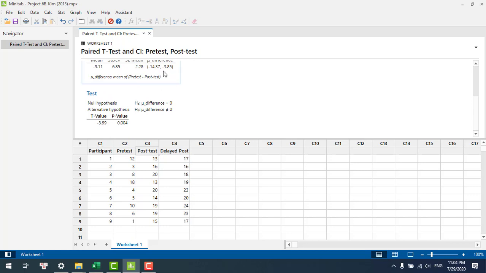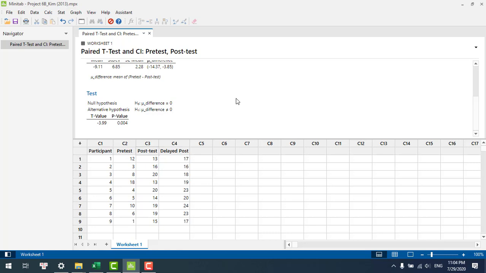When we run the test, we see that we get a t-value of minus 3.99 and a p-value of 0.004. 0.004 is less than 0.05. P is low, the null must go. So we see that then in both of these tests we are rejecting the null hypothesis, the null hypothesis basically saying that the two means are equal. So we are showing here that the two means are not equal.